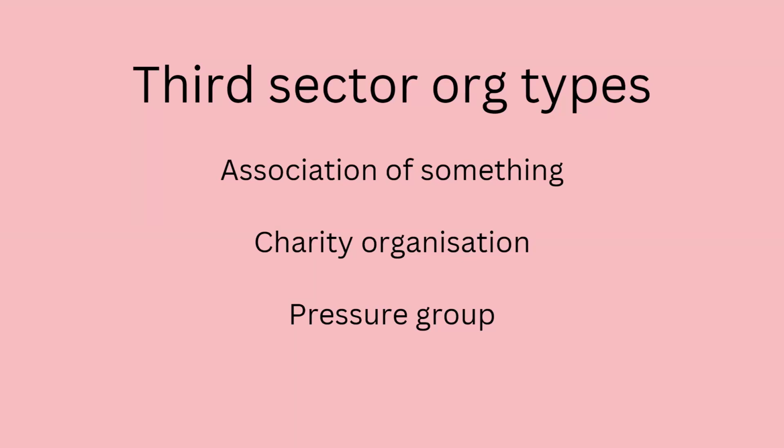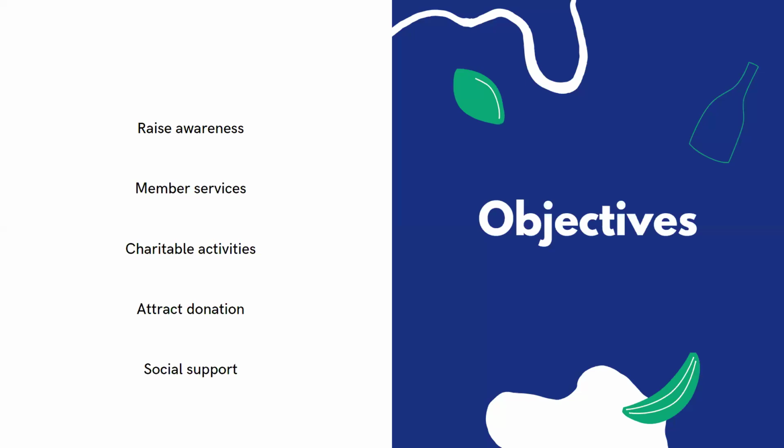Okay, so I think that you just need to remember the types, and then with the objective, it comes naturally. With the association, they provide the member services, just like I said. With the pressure group, they want to raise the awareness. With the charity, they provide charitable activity. They want to improve the society from their actions.